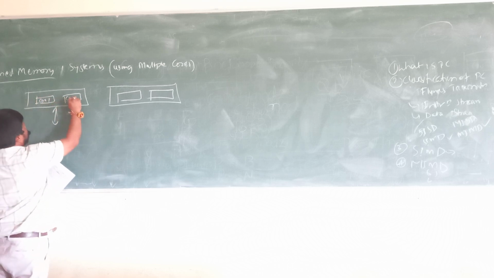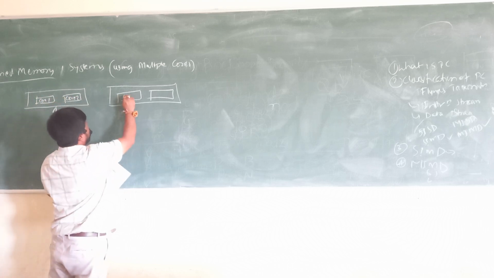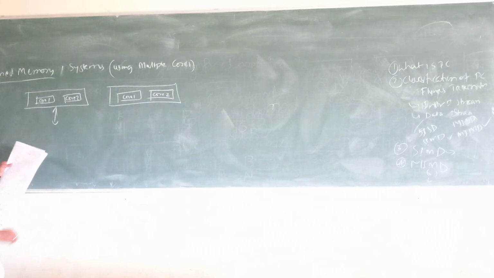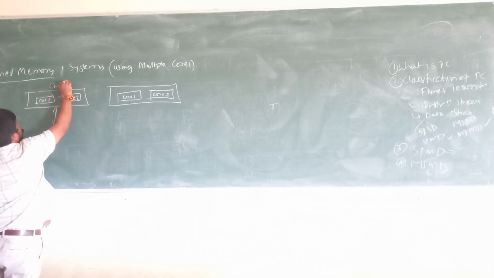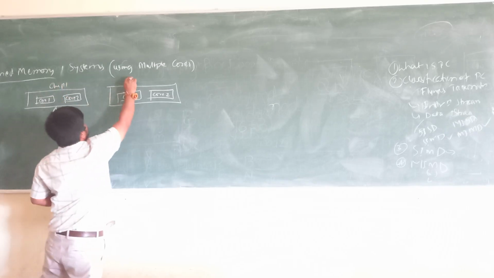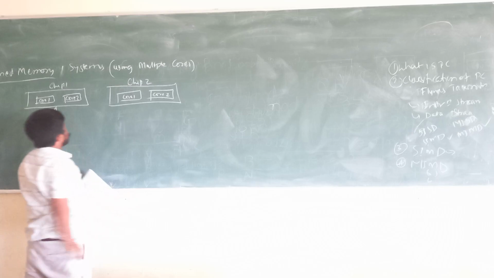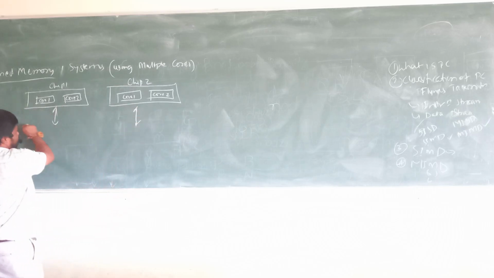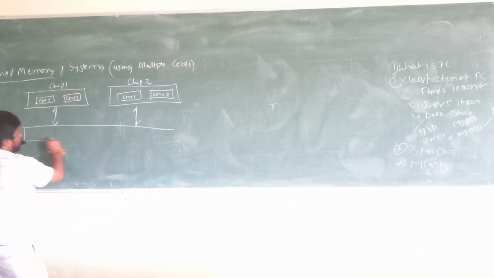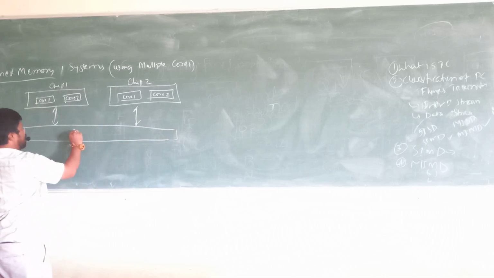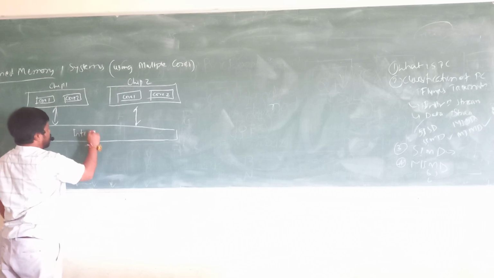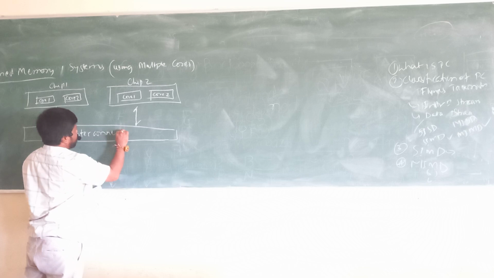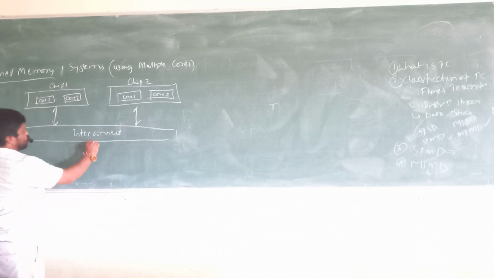Core 1, core 2, and also core 1, core 2. This is chip 1, and this is chip 2. The shared memory system will be able to access the memory through the interconnect to the memory.